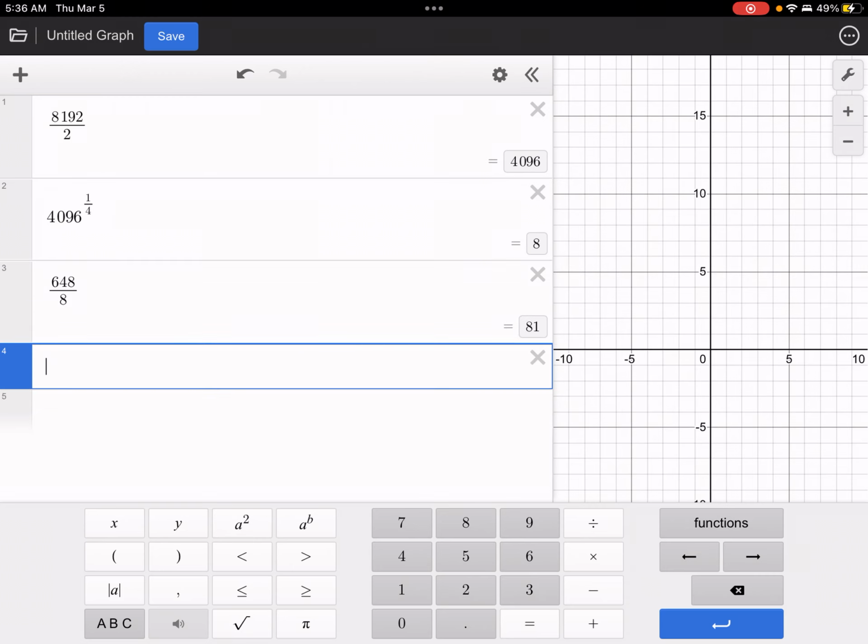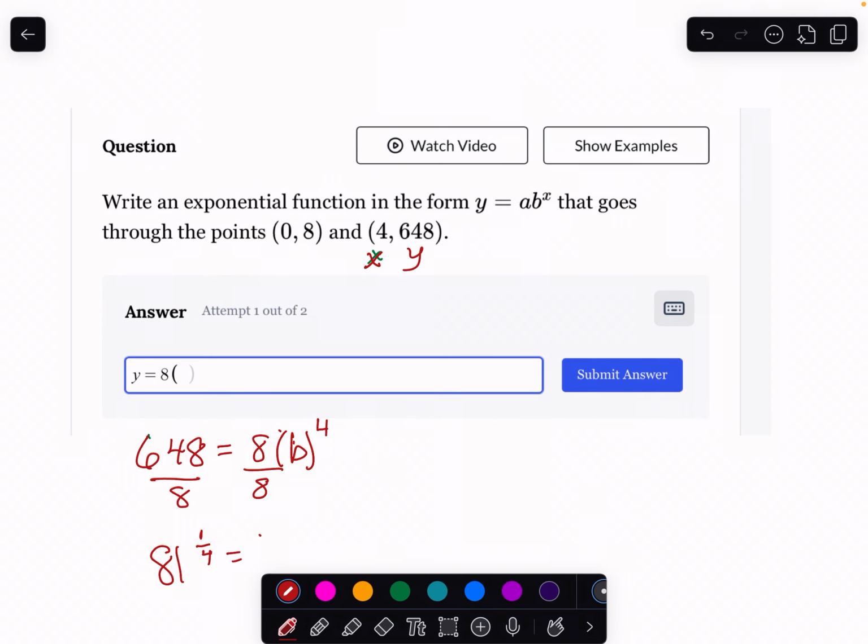And now I want 81 to the power of 1 divided by 4. Okay, so that's 3. And so that was 81 to the 1/4 was equal to b, and that meant that b equaled 3. So I'm going to type here 3 to the x.